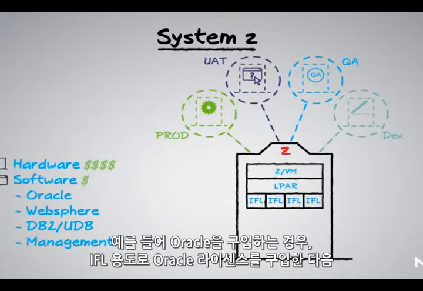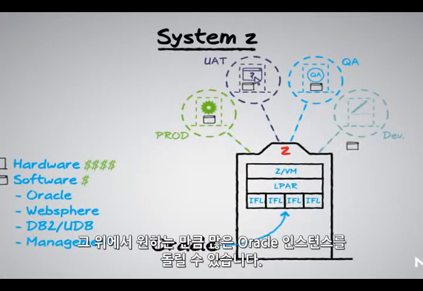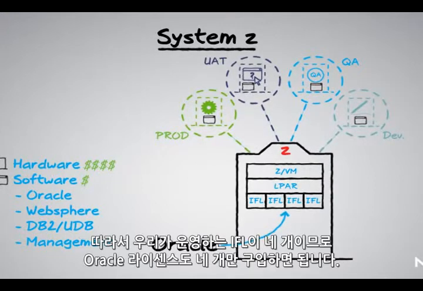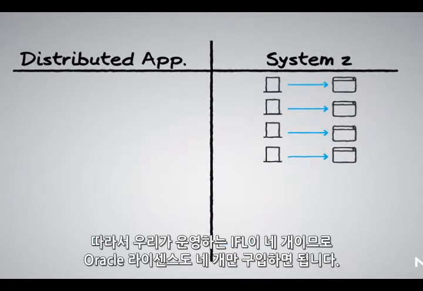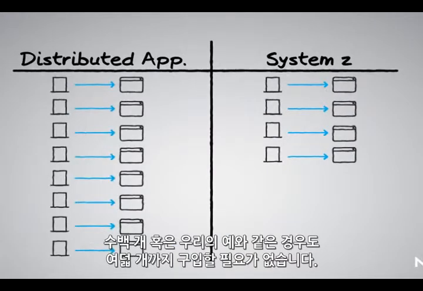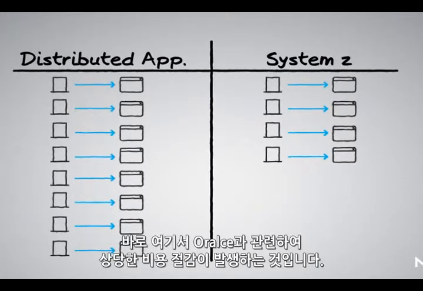So if you buy, say, Oracle, for instance, you're buying an Oracle license for that IFL, and you can spin up as many Oracle instances that you want on top of that IFL. So in this case, I would have 4 IFLs. I'd buy 4 copies of Oracle instead of hundreds of copies of Oracle or even 8 copies of Oracle that I have over here. So right there, I'm saving a considerable amount of money from an Oracle perspective.